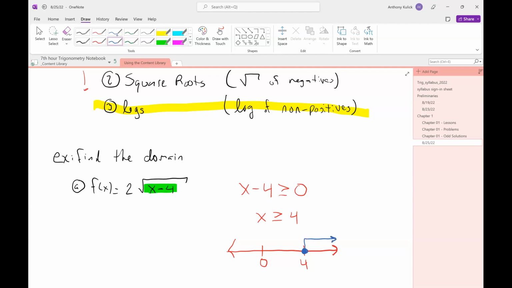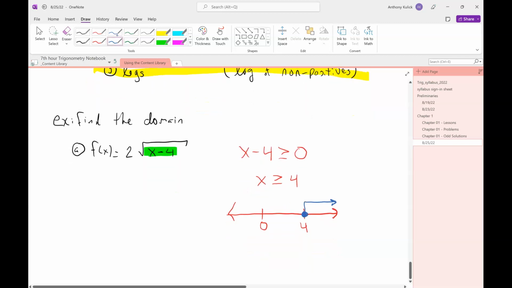And then my arrow going to the right because that's where the things bigger than 4 live. So my lower bound on that interval is 4. My upper bound is positive infinity. Since 4 is included in my set, I'm going to use the bracket. The positive infinity always gets the parenthesis.